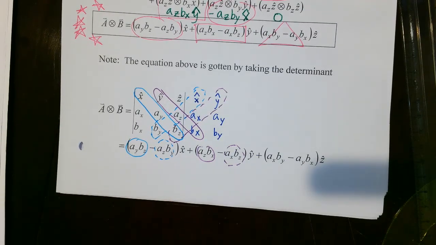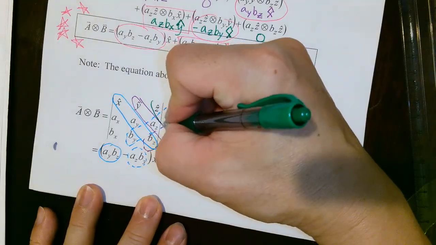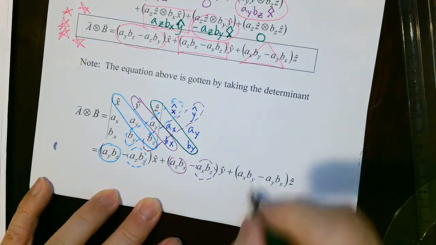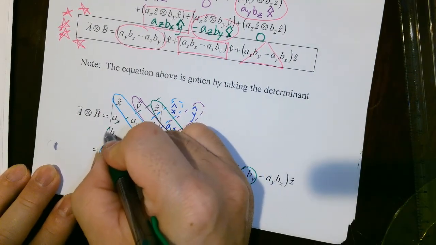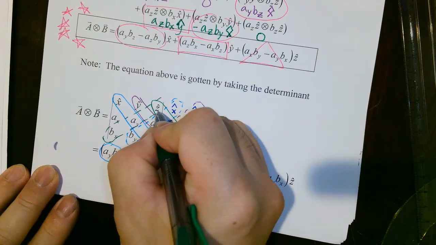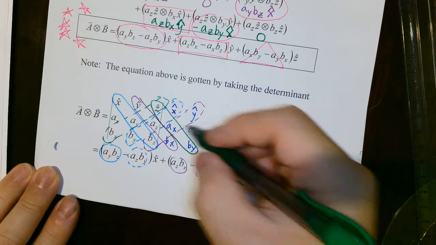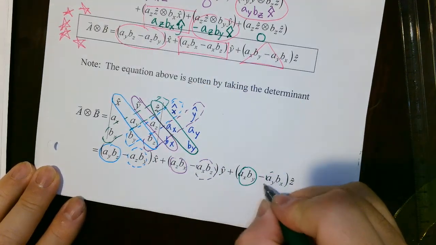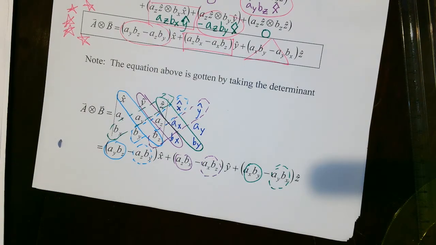And then you do this minus that. You could actually extend the z out one more if you want to, and then you go to this minus this. Same thing. Voila.